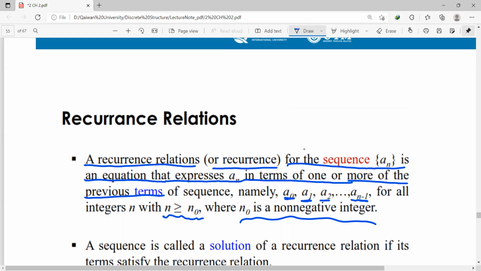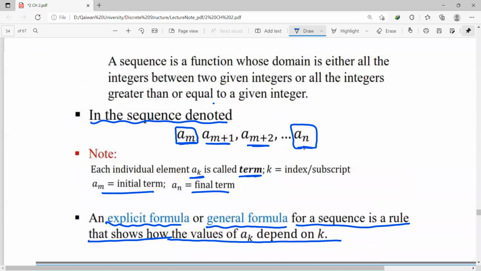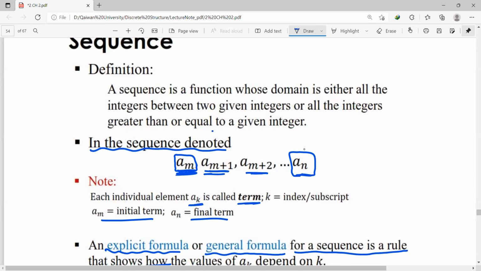Here, A_m plus 1, A_m plus 2, up to A_m, these all must be from 0 to infinity. We can't say A negative 1. We cannot say that. But we can say A0, A1, A2, and so on.